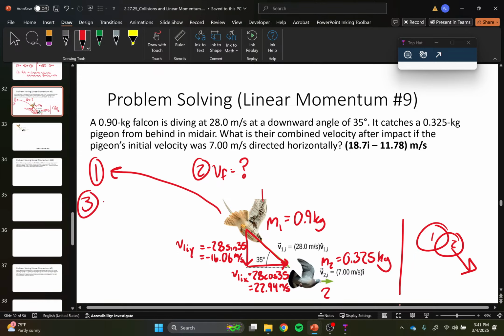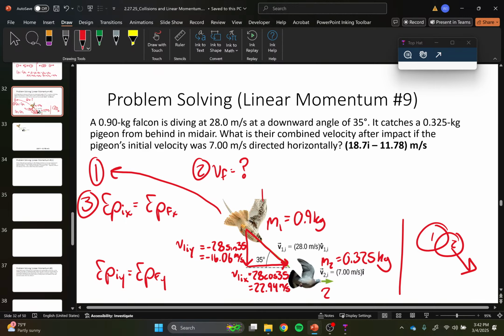All right. How are we going to do this? Sum of momentum initial in the x equals sum of momentum final in the x. Sum of momentum initial in the y equals sum of momentum final in the y. You have to do it twice. And you go through the same logic. How many objects do I start with?